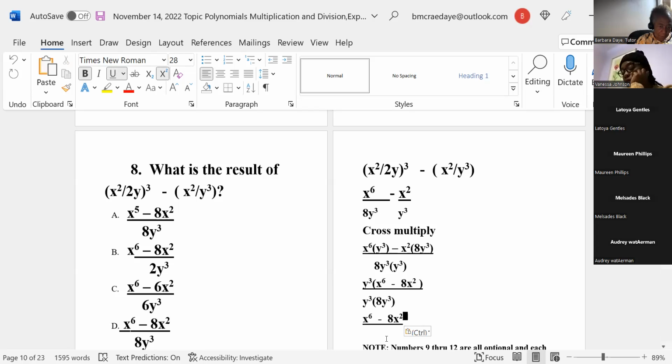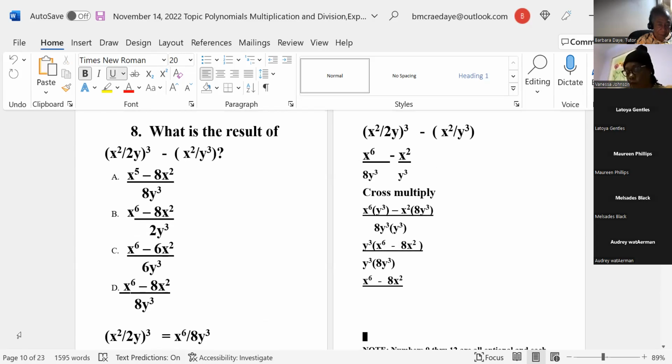What's in the denominator? The 8y to the third. There we go. We put that there in the denominator. That's our answer. Which answer is that?